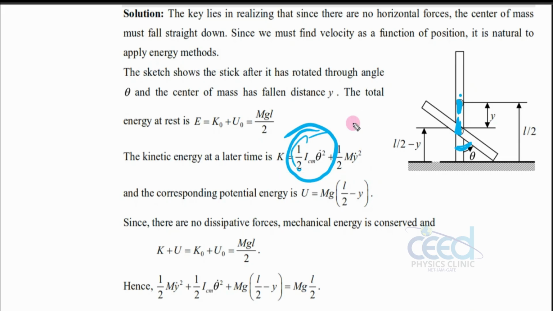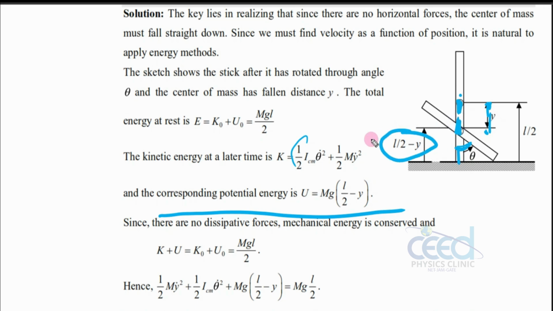But for this y, what is the corresponding potential energy? This length has changed from the ground. What is the height in the final position? L by 2 minus y, so the final potential energy U is equal to mg into L by 2 minus y, right?